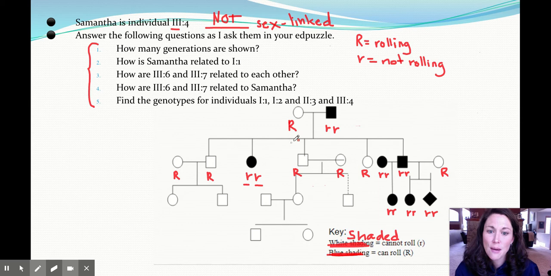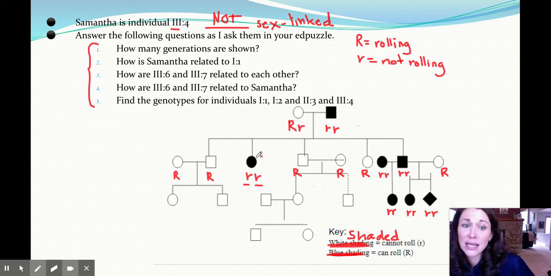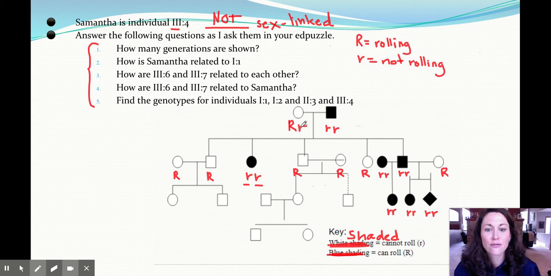So that tells you that mom must be heterozygous, because the only way her daughter can get the inability to roll her tongue is from getting a little r from both her mom and her dad. So we know mom's genotype must be big R, little r.